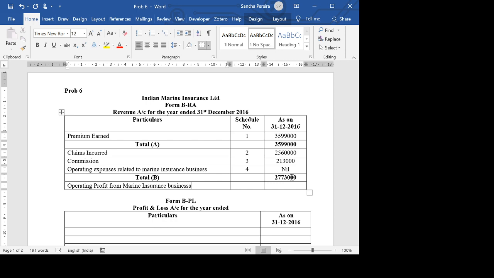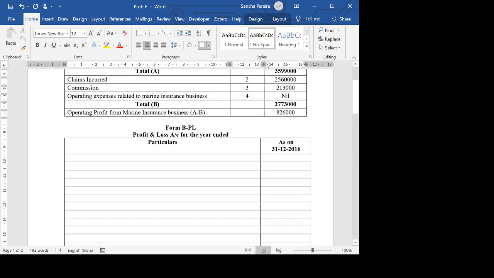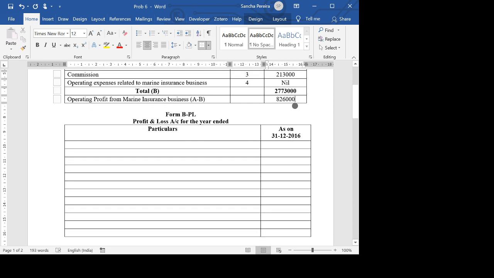How do we get this? A minus B. So it's 35,99,000 minus 27,73,000. That comes to 8,26,000. Okay. So in this revenue account, we only had the schedules because everything else is supposed to be either a general expense or a general income.